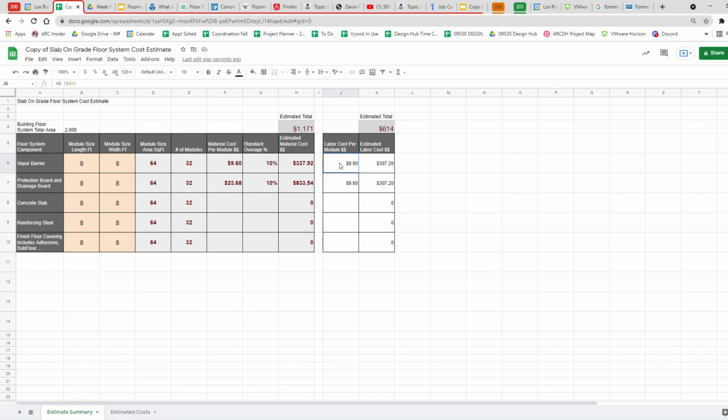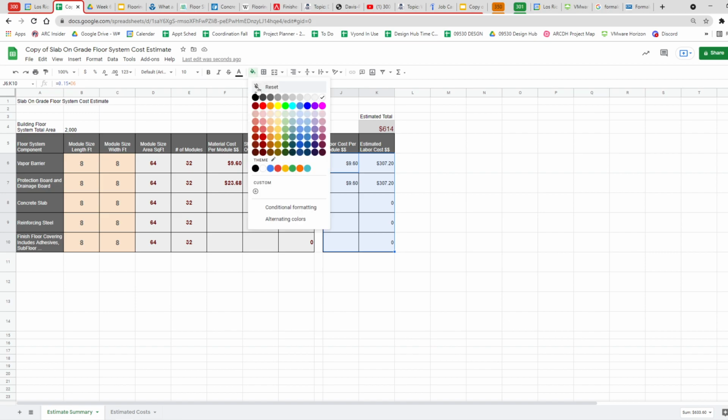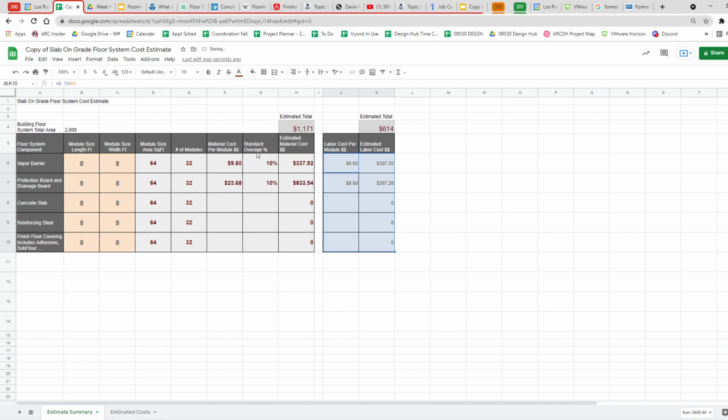Okay, and again, these ones are, let's see, these are inputs also. Oh, these are calculations also. So I can do the same thing. Okay, now you've got, again, a really nice looking layout.